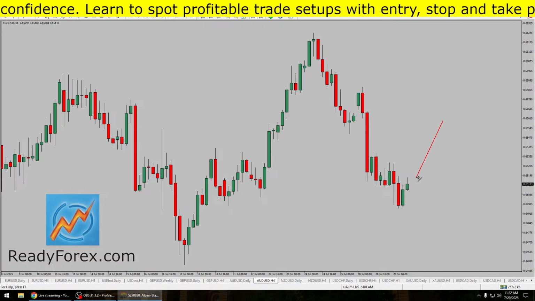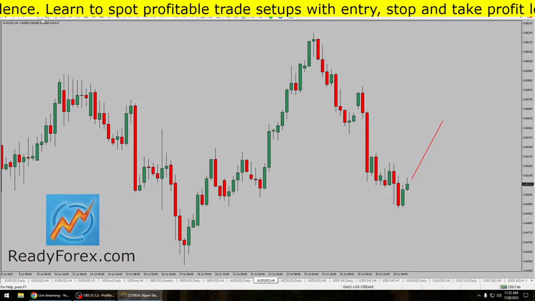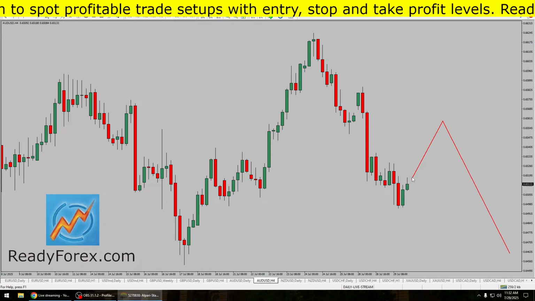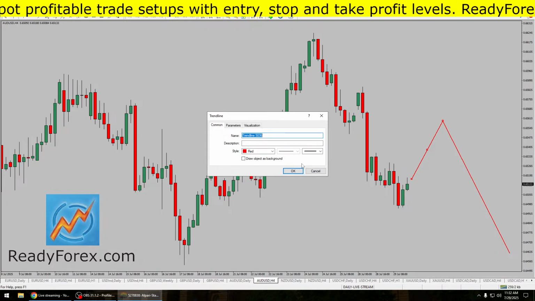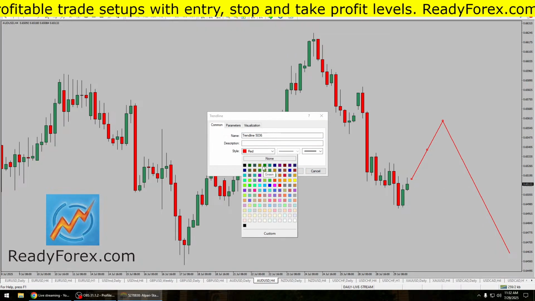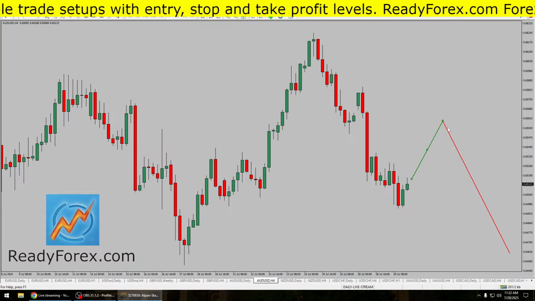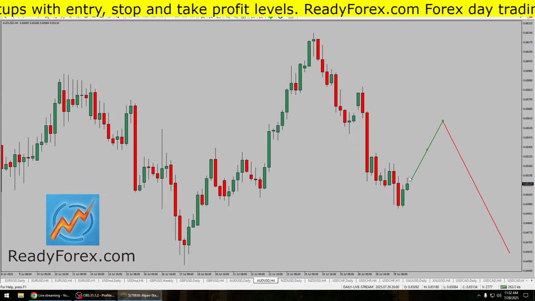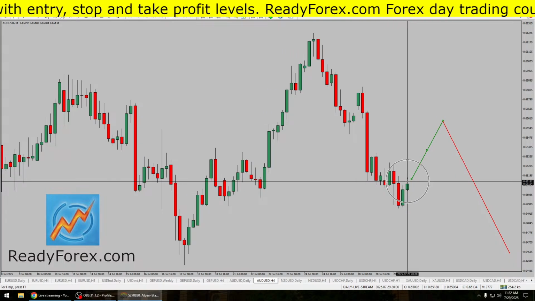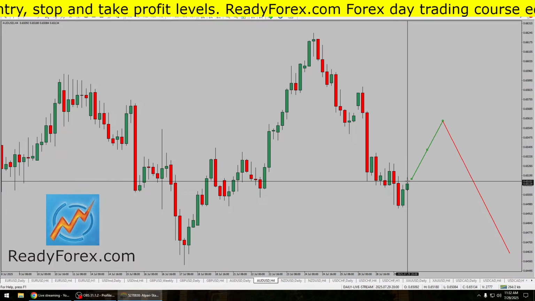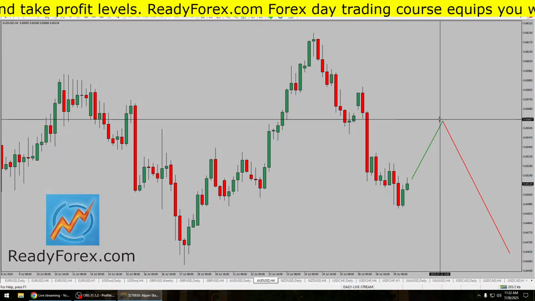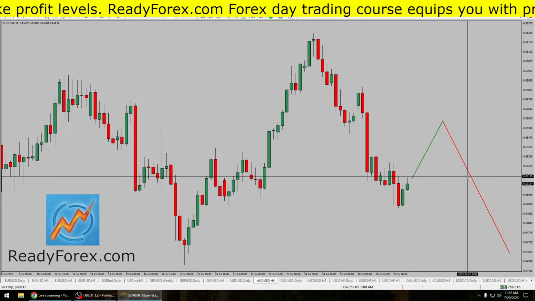The general direction is that the market is going to rise up first and then it's going to drop. So for the AUDUSD currency pair, expect a bullish leg in the market. We might get this kind of bullish leg inside the upcoming Asian market session, and then expect a possible top and then a drop.